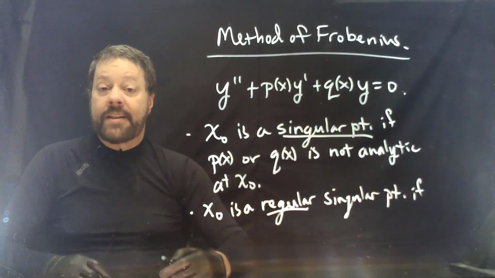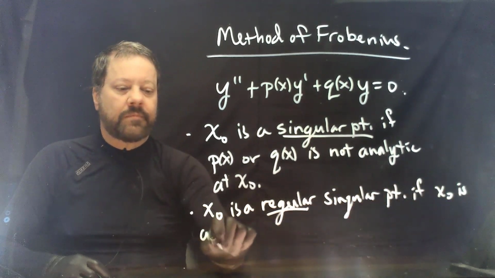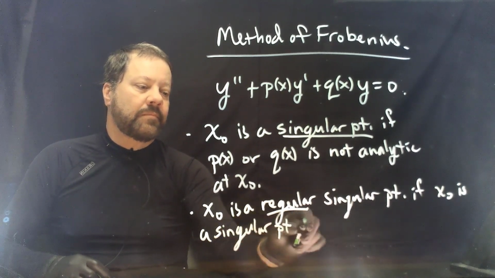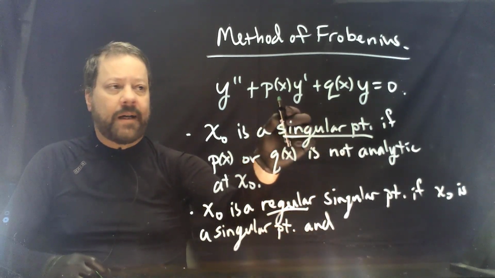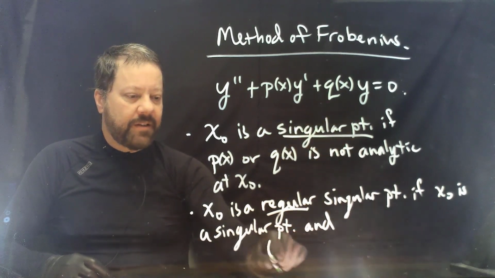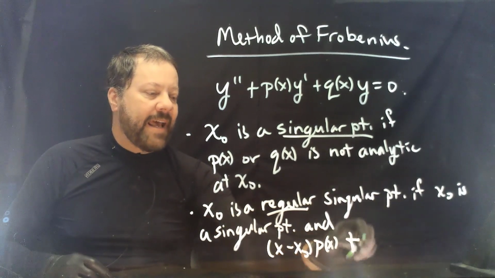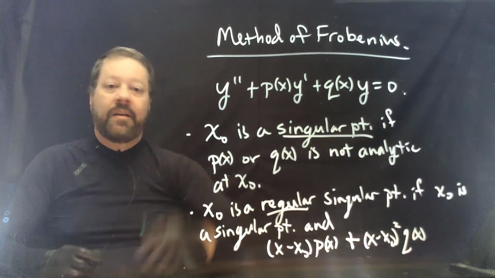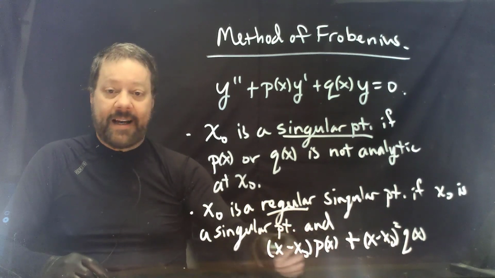First of all, it has to be a singular point. But we have to find some way to regularize these coefficients p of x and q of x. And in particular, we want x minus x naught times p of x and x minus x naught squared times q of x to have a removable singularity at x naught.